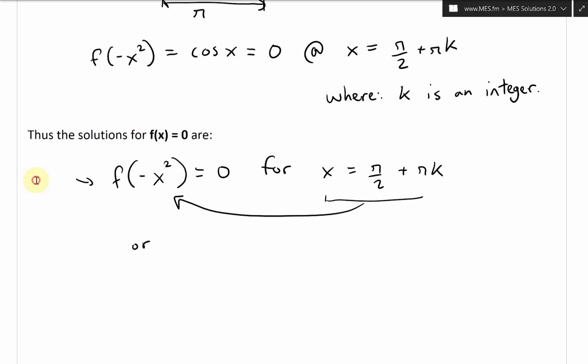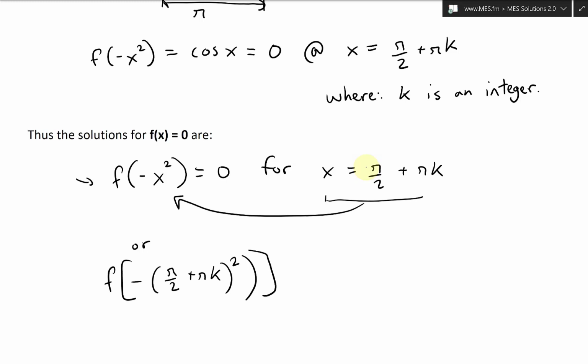Or f of negative, and put that all inside, negative pi over 2 plus pi k all squared. Let's put that better. So f of, and then this bracket, the box brackets, equals 0, like this.